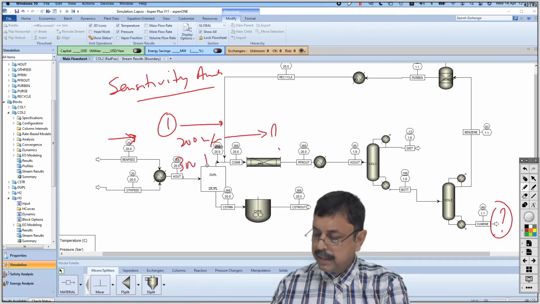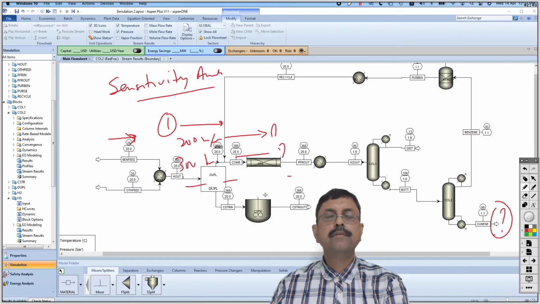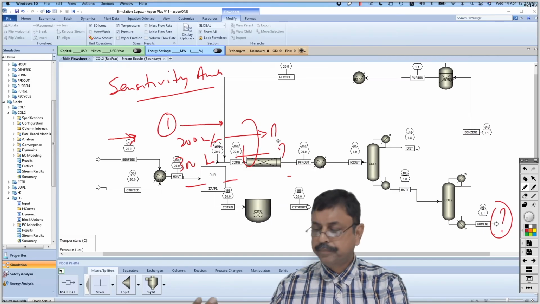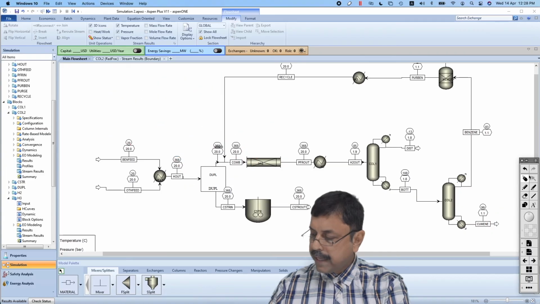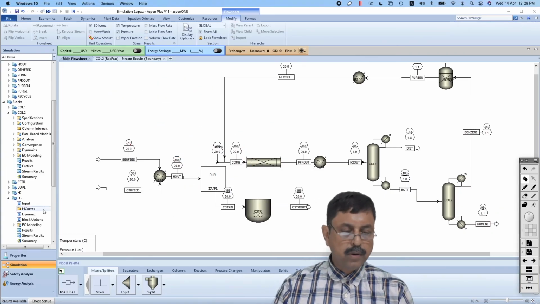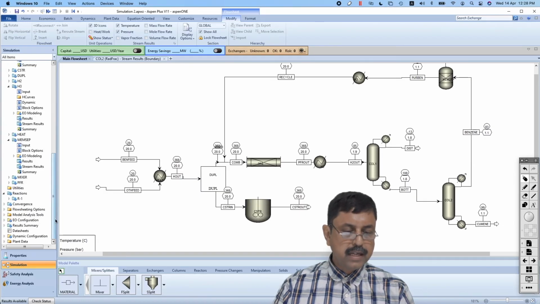For 300 kilomole per hour, what is the cumene purity? And so on. Try to find out where exactly your optimized purity may lie, and then you can narrow down your range of optimization run.